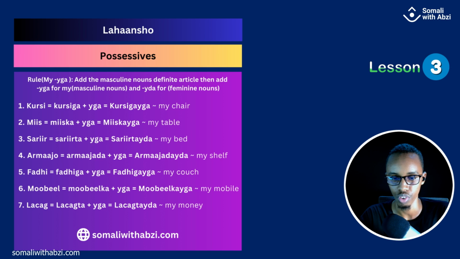Armajo, add definite article, armajada, then my, armajadayda. Fadi, definite article, fadiga, my, fadigayga. Mobile, definite article, mobilka, my, mobilkayga. Okay? Then lacag, definite article, lacagta, plus yda, then lacagtayda. That's how the rule is.